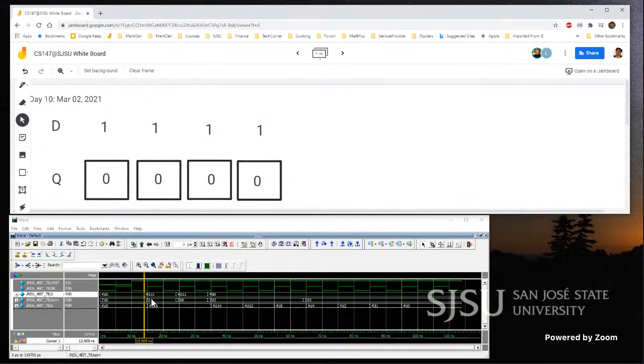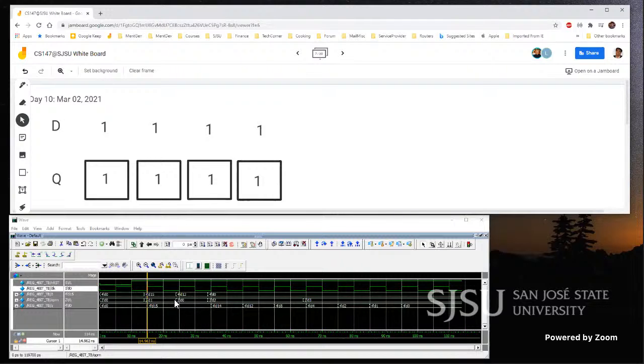Its operation code changed to 1, which means parallel load. So at this clock, you see your Q becomes 15, which is all 1s. So that 4-bit register is holding a value of 15 in unsigned form.